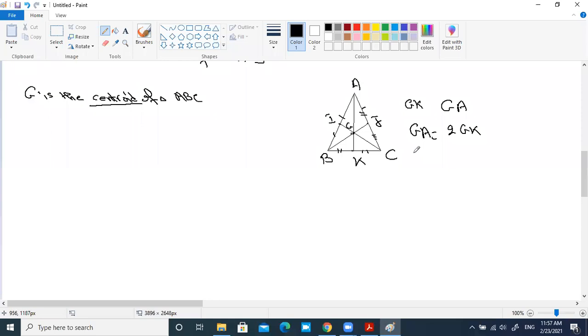And what about AK and GK? AK equals 3GK. What about AK and GA?